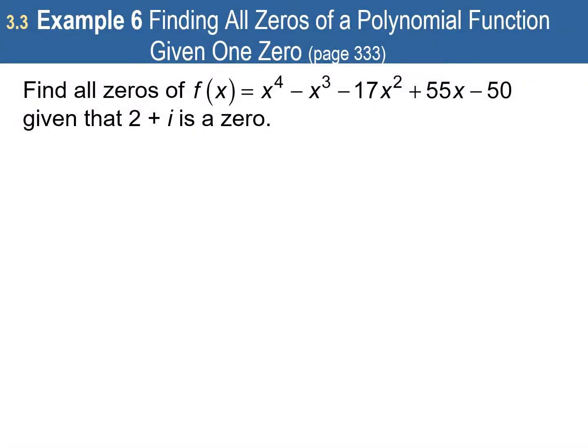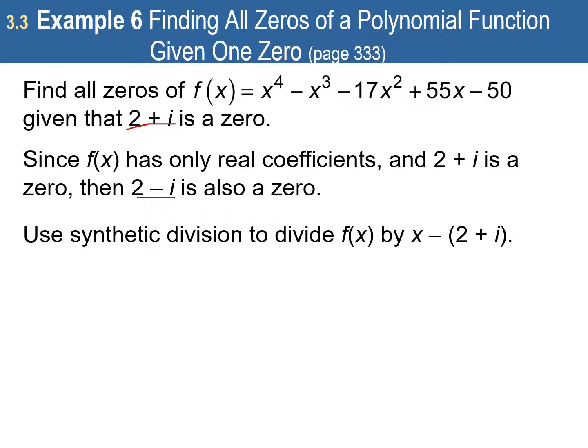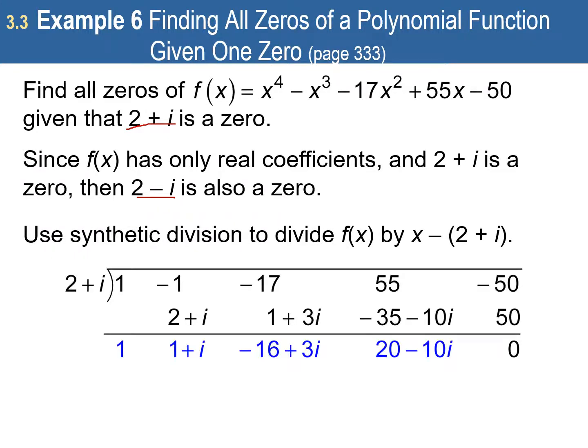So let's find the zeros of x to the fourth minus x cubed minus 17x squared plus 55x minus 50, given 2 plus i is a 0. Now, since it has only real coefficients, you know 2 minus i is also a 0. So you can do synthetic division to divide by x minus 2 plus i, and you get this ugly polynomial here.